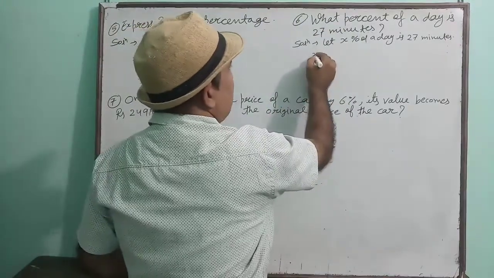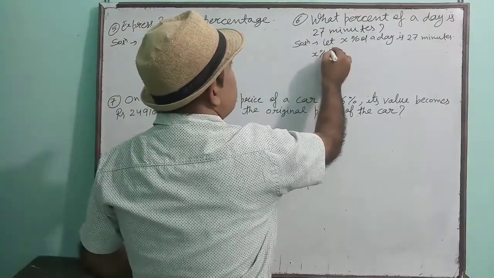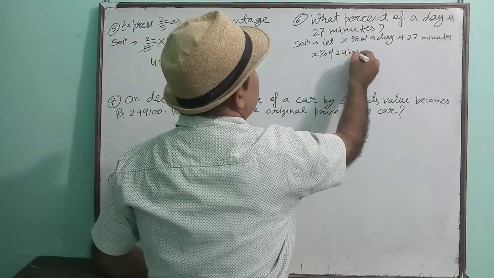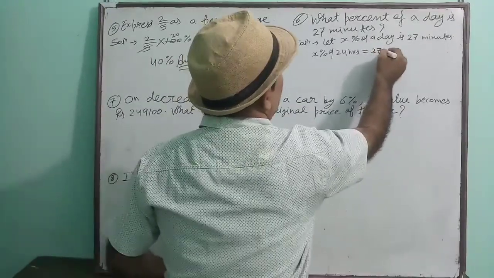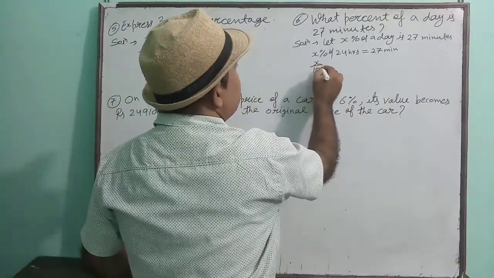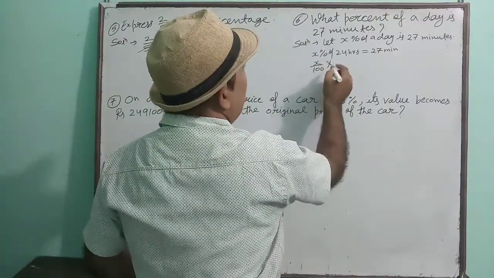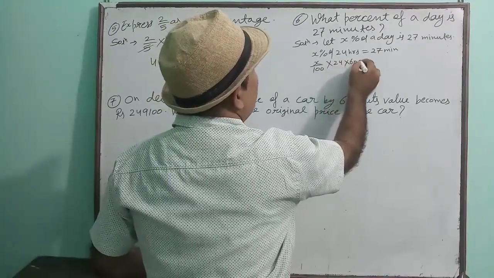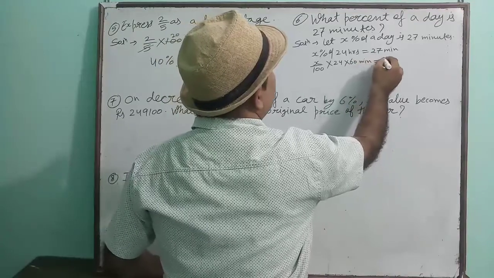Now x percent of a day means 24 hours is equal to 27 minutes. X percent means x upon 100 into 24 hours means 24 into 60 minutes.